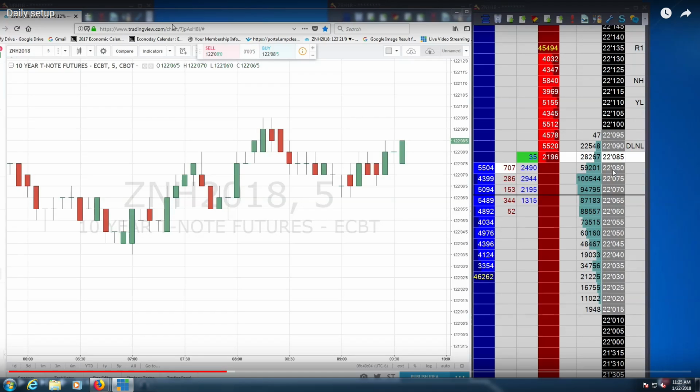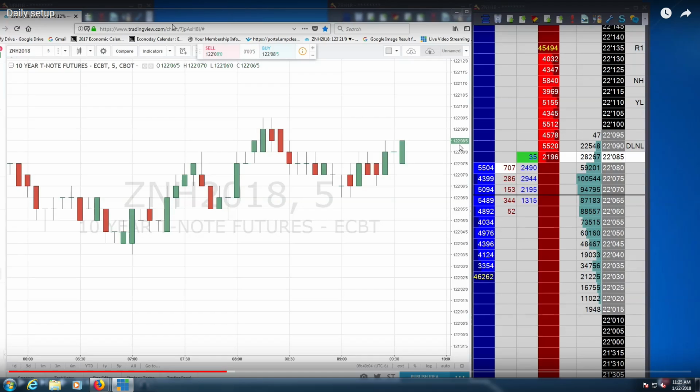Now, here's what happened. As you can see, when I started recording, it was around this 060 level. And as you can see, we have 1315 versus the 52, 2195 versus the 344. So you can see the buy side was obviously hitting a lot harder, and this was moving up. We can see that on the chart right here.